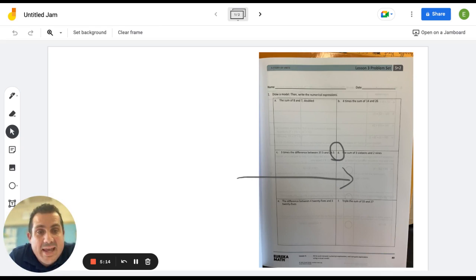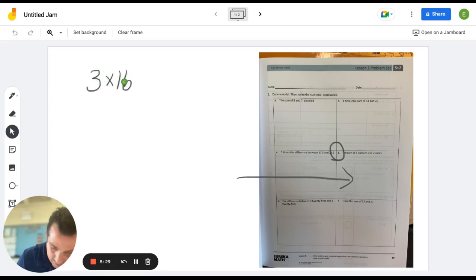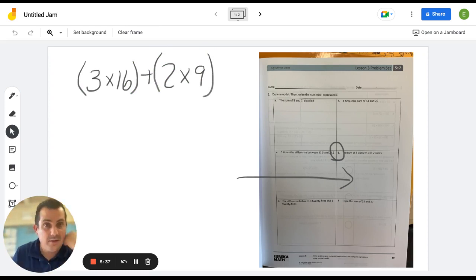So I'm going to be adding what? 3 16s and 2 9s. And I'm going to add the sum of those together. So 3 16s would be the same thing as doing 3 times 16. I'm going to add that together plus 2 times 9. So that would be my expression there.